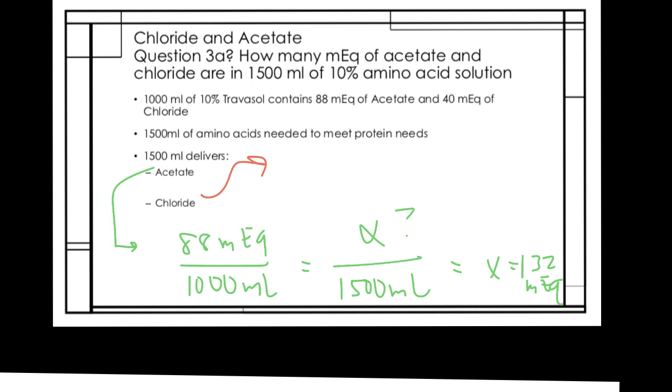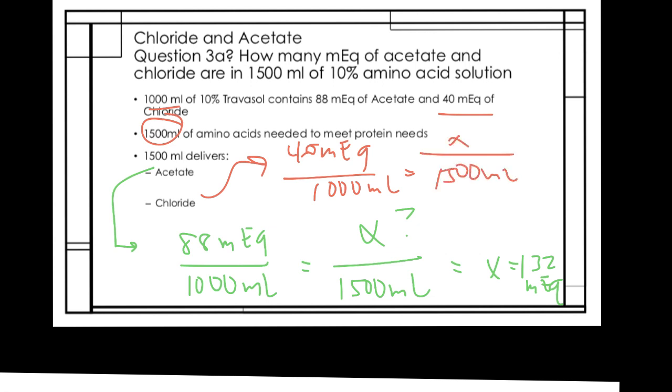Easy. 1,000 milliliters gives you 40 milliequivalents, and you need to bring it up to 1,500 milliliters. Solve for X, that gives you 60 milliequivalents of chloride.